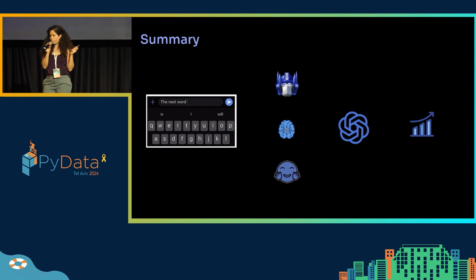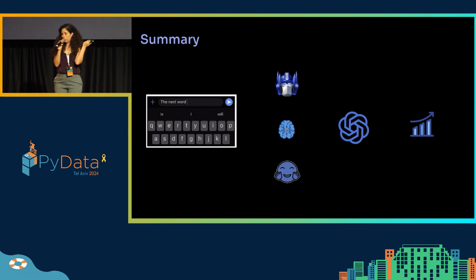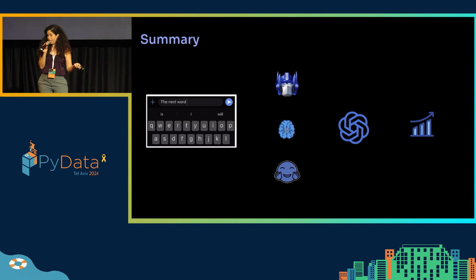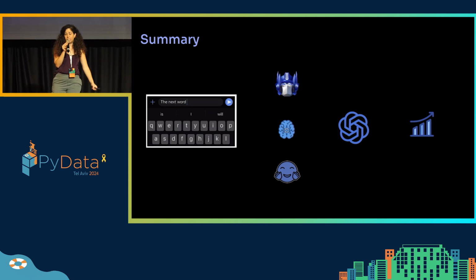Then we got to ChatGPT and GPT-3, whose size and ability to create models using only text, with no backpropagation and no coding, really set them apart. And we finished with new AI trends: multilingual, multimodality, and agents.